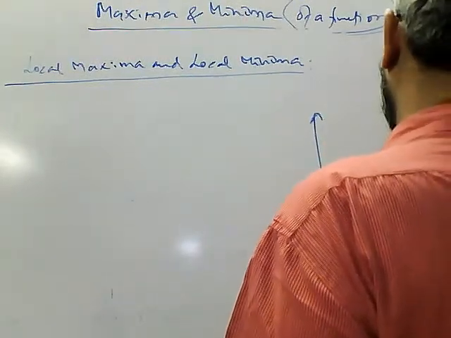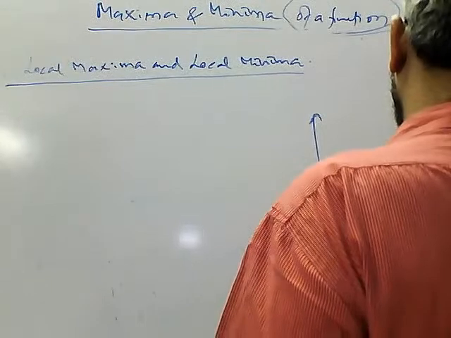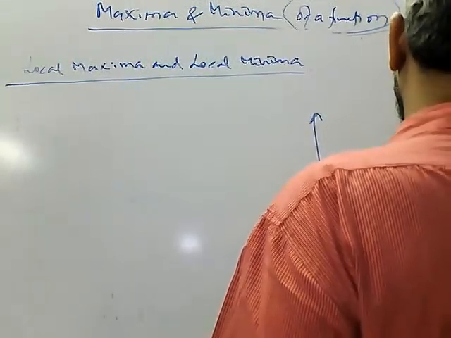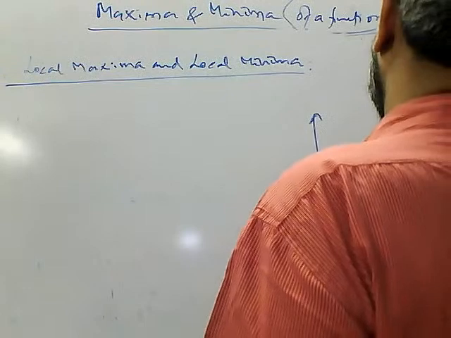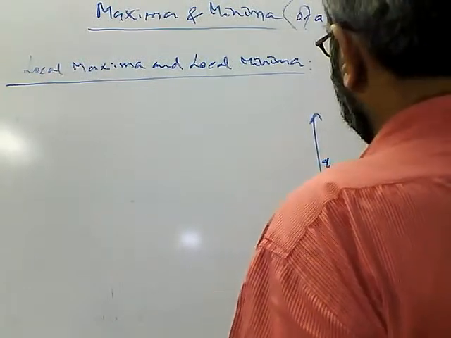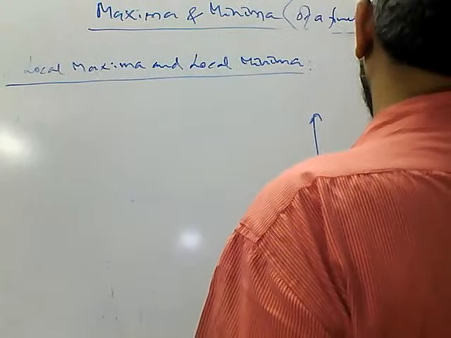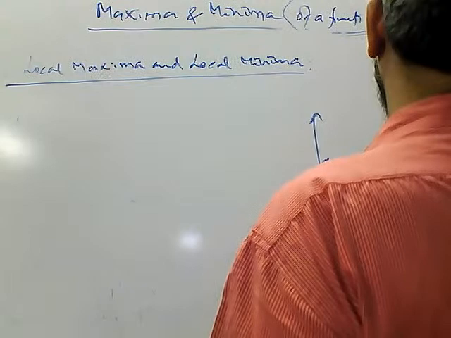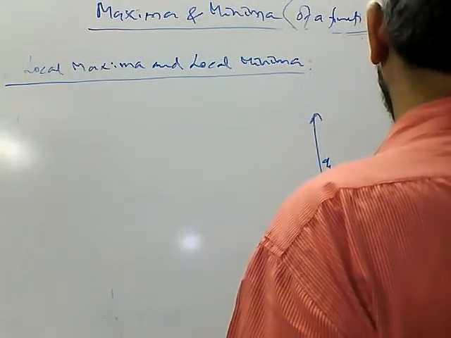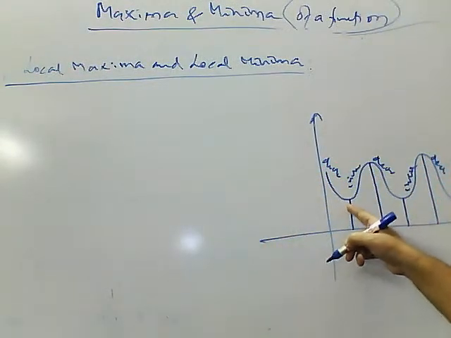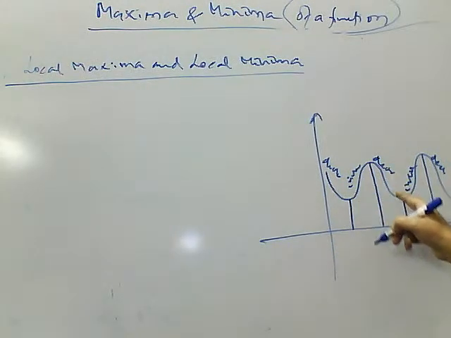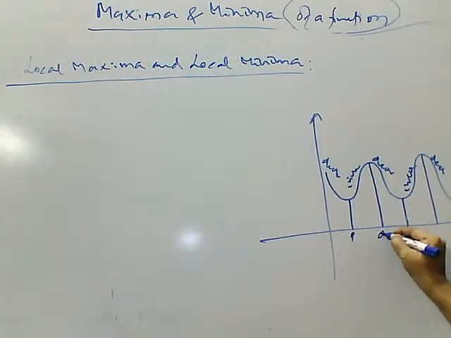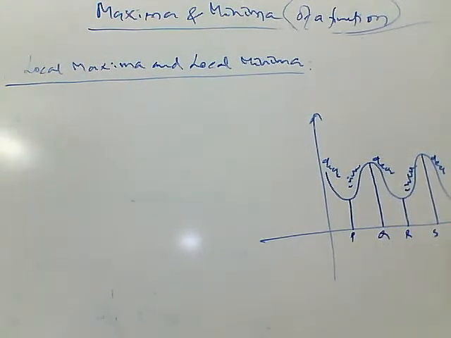So here decreasing, here increasing, and here decreasing, and here increasing, and here decreasing, and here increasing. See the function, it is decreasing and here it is increasing. Again from here decreasing, here increasing, decreasing and here increasing. So here P, Q, R, S, T. Okay.